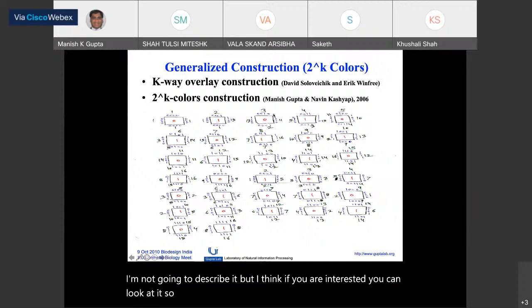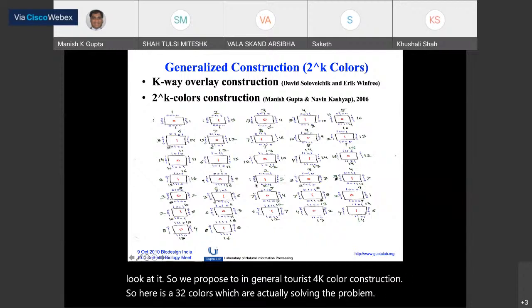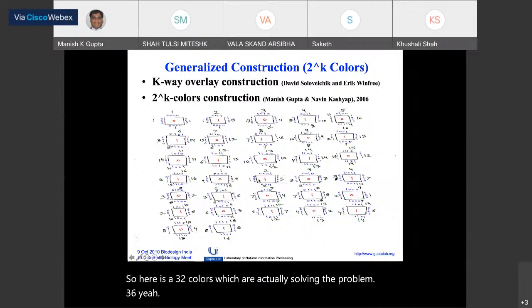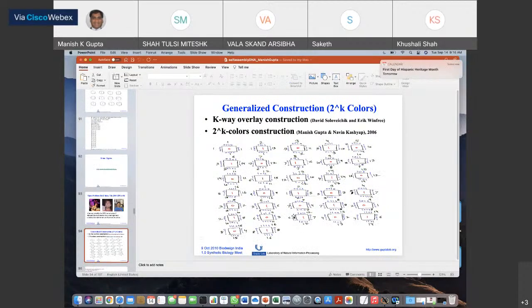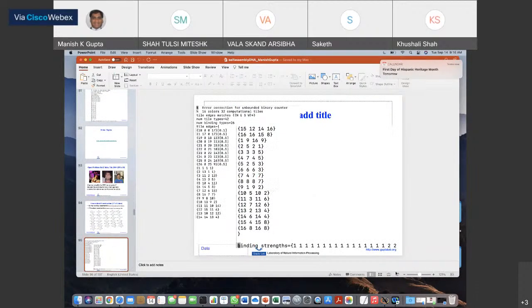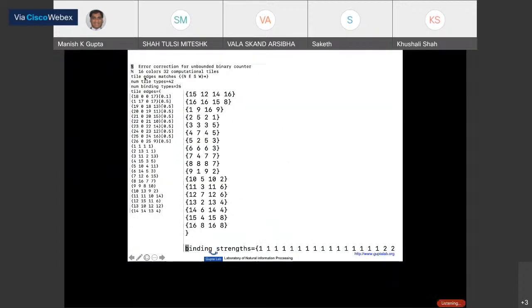We proposed, in general, a 2 raised to the power k color construction. So here is a 16 color construction, which actually solves the problem. This is 16 possibilities, right? 16 color combinations. Okay, so let me show you this 16 color. Here is a program for that. 16 colors, 32 computational tiles. You can see that it's a bit lengthy, obviously.